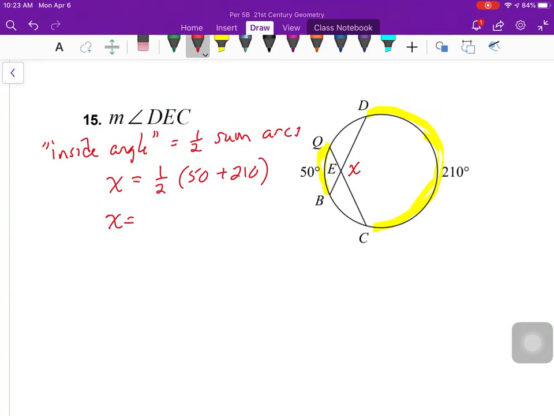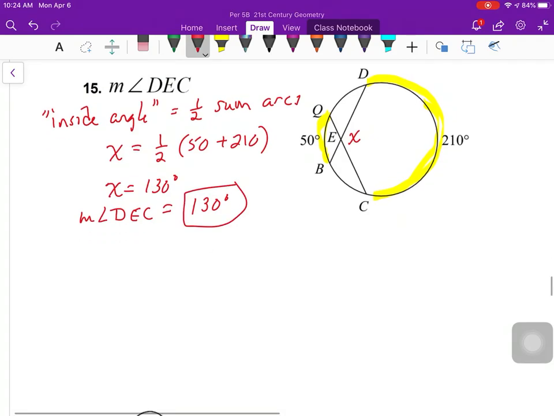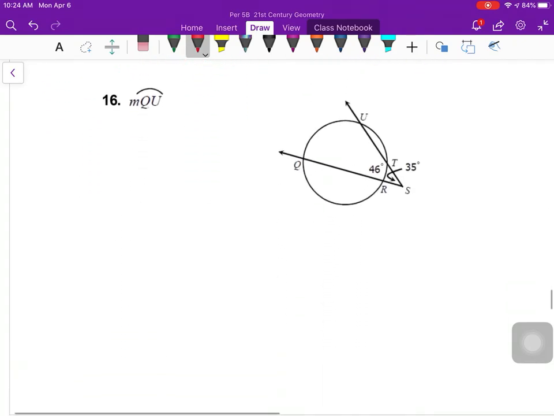These are the two arcs. So x will equal 130. The measure of angle DEC will equal 130 degrees.